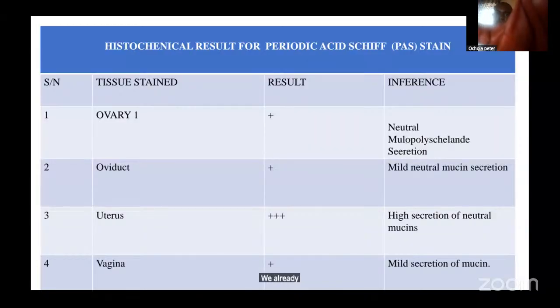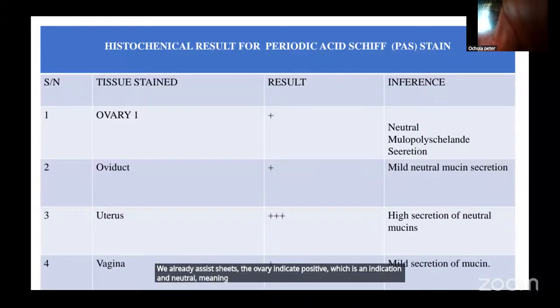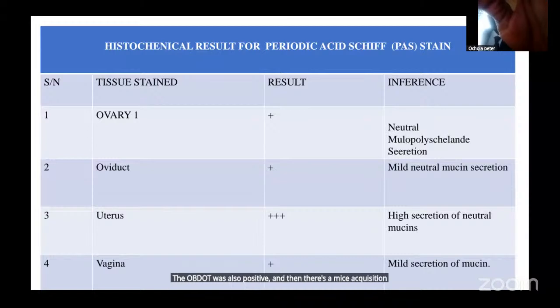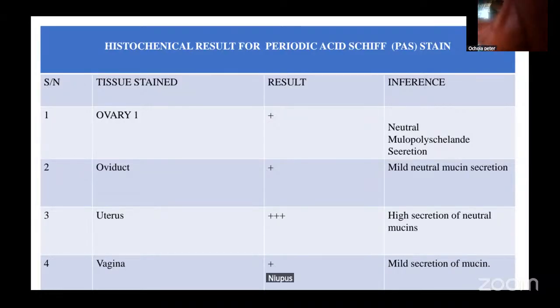The ovary indicates positive, which is an indication of neutral mucopolysaccharide secretion. The oviduct was also positive, mild mucin secretion, the uterus high secretion of mucins, and then there's a mild secretion of neutral mucopolysaccharide at the vagina.